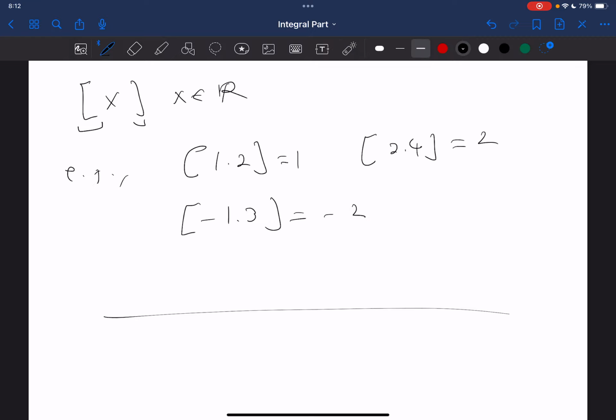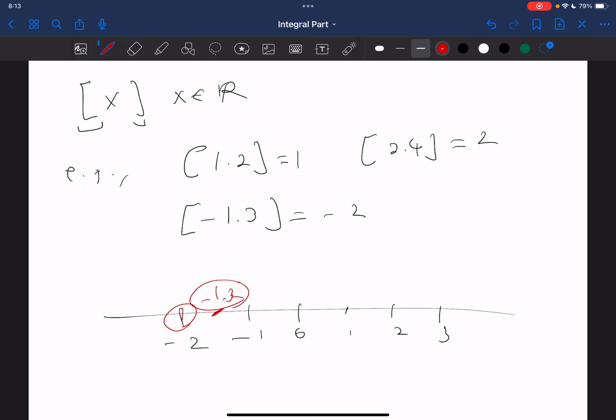So for example, here I have 0, 1, 2, 3, and minus 1, minus 2, and then I get this minus 1.3. This is the closest integer to minus 1.3 which is less than this value, right?